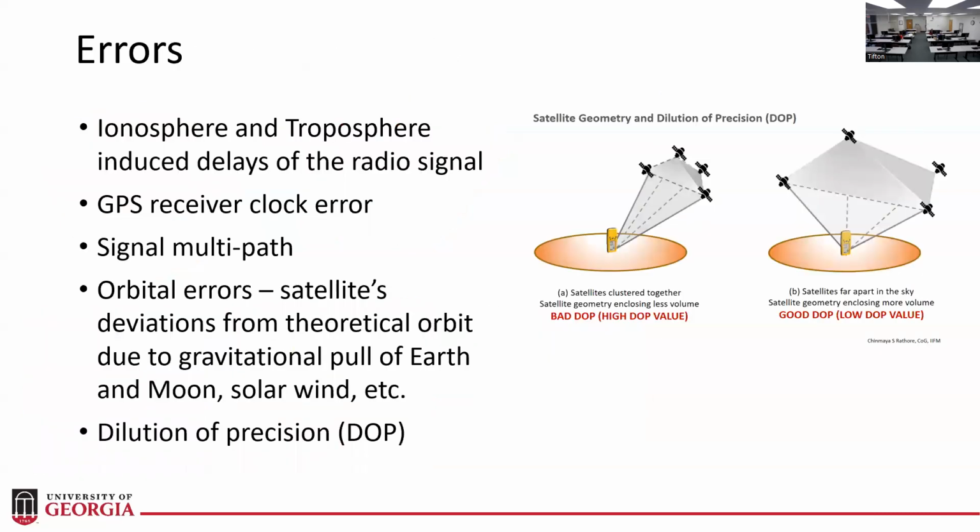I talked a couple of slides back about some errors that can be added to the calculation of your position, right? Now I'm going to list which those errors are and then explain each one separately.